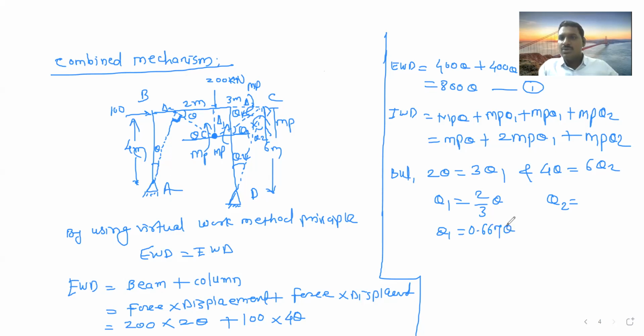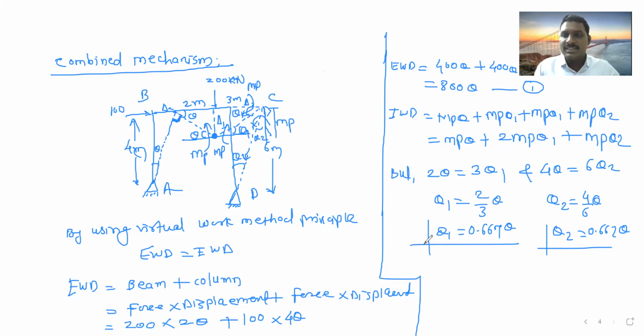And theta 2 is equal to 4 by 6 theta. So theta 2 is how much? 0.667 theta. So both theta 1 and theta 2 values will be 0.667 theta. Got it? So write down this.